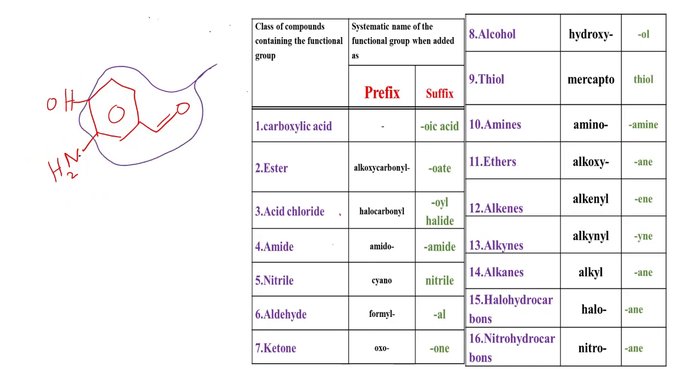And the rest of the functional groups we deal with as substituents or side chains. So we take from both of them the prefix, which are hydroxy and amino. And hence the name of this compound is 3-amino-4-hydroxy benzaldehyde.